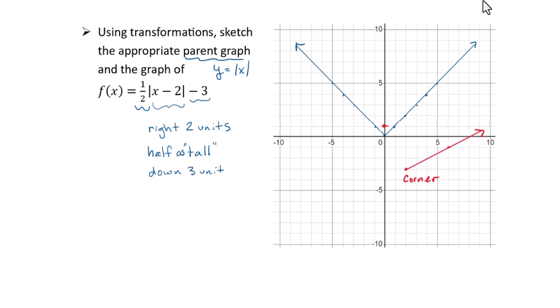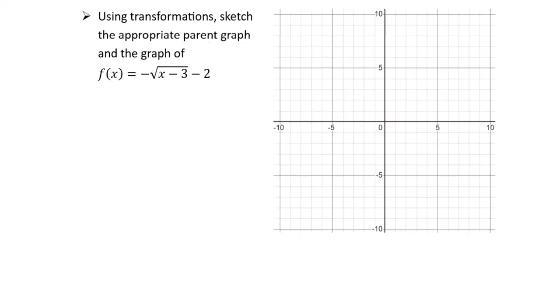Then we're going to take that point and move it down 3 units. 1, 2, 3. And where you land is where your graph goes. So we have an absolute value graph that has been moved right 2 units. It's compressed by a factor of 1/2 and moved down 3 units.